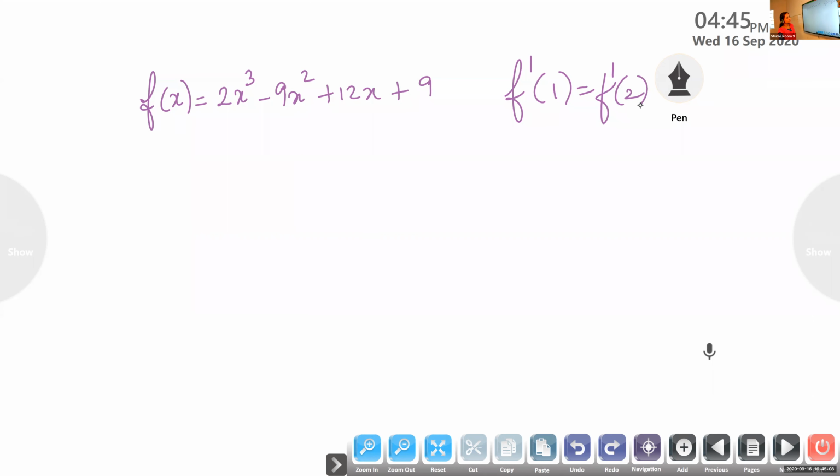How many of you did yesterday's homework question? There we did this with first principle. Here the method is not specified.